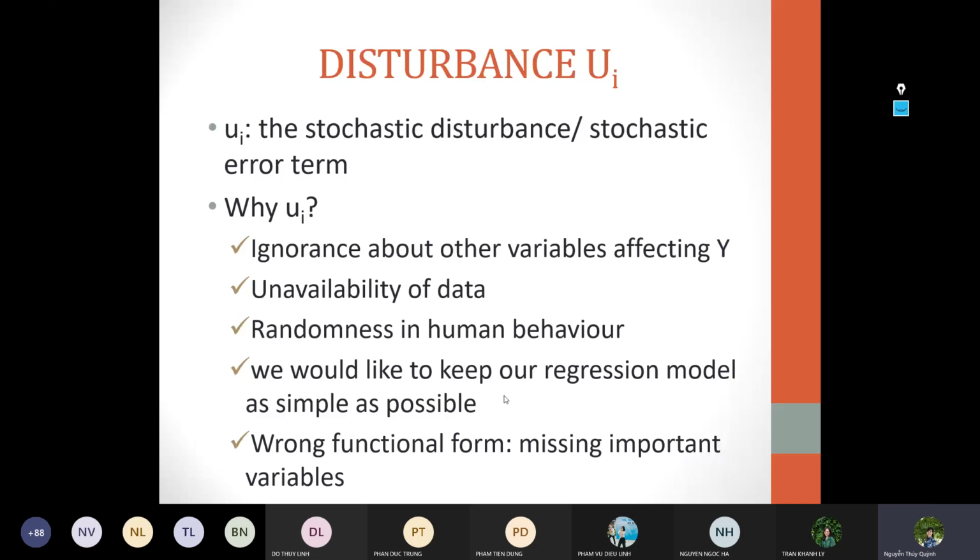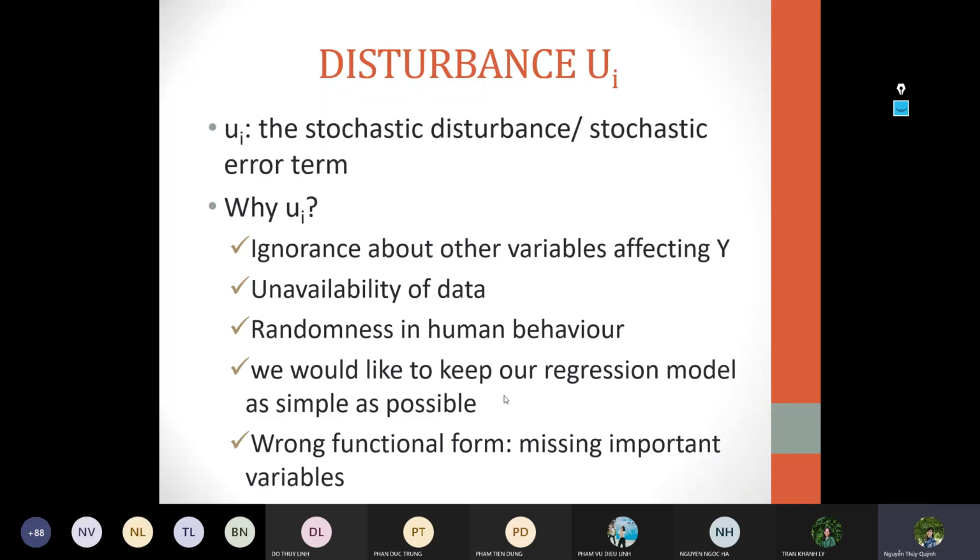And sometimes, because we use the wrong functional form, we will miss some important variables. The effect or impact of those variables will be represented by the disturbance ui.